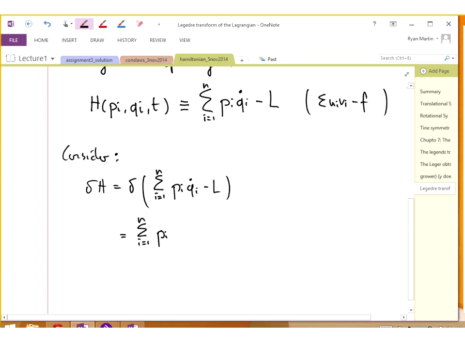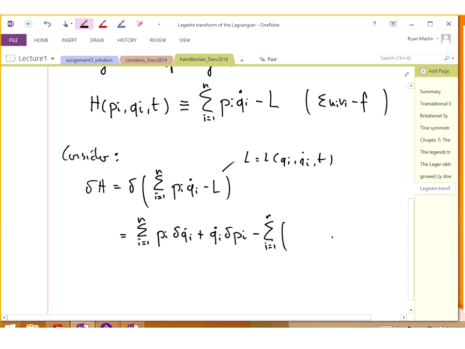So if I take that variation, I get the sum from i equals 1 to n of p_i delta q_i dot plus q_i dot delta p_i, and then minus, now I have to do the variation of L. Remember, L is a function of q_i, q_i dot, and t.